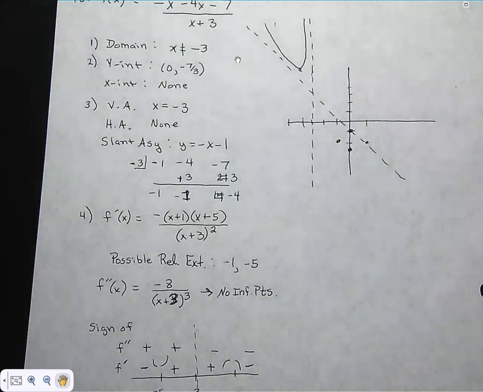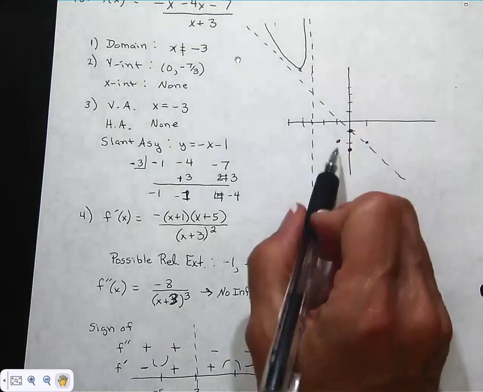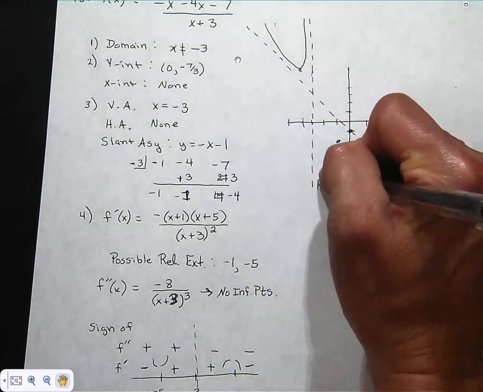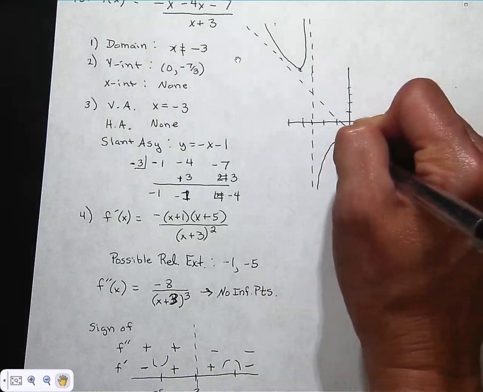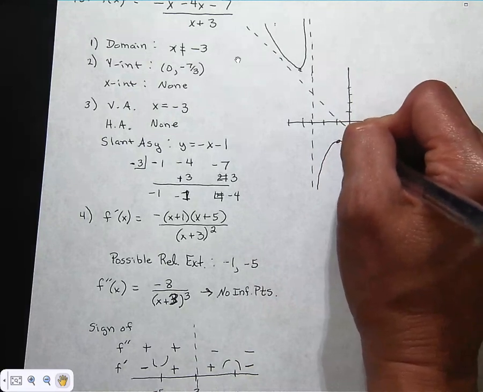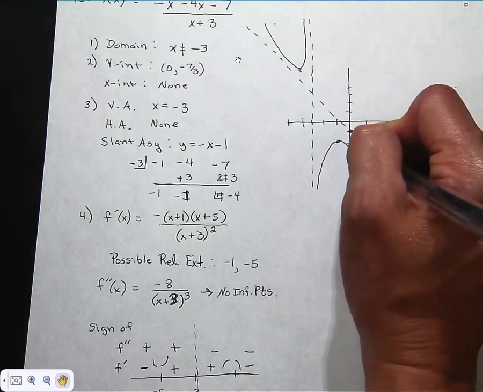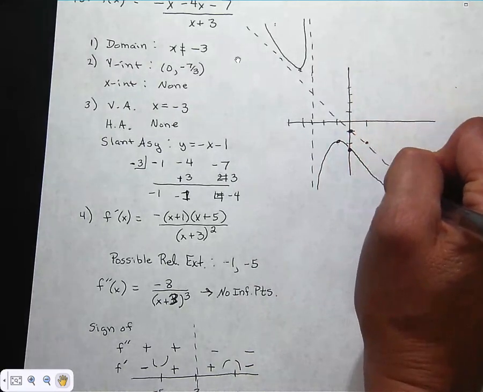And then from -3 to -1, it's increasing. Here's -1 right here. Increasing and concave down. At -1, there's a relative max. It starts decreasing and concave down, approaching that asymptote.